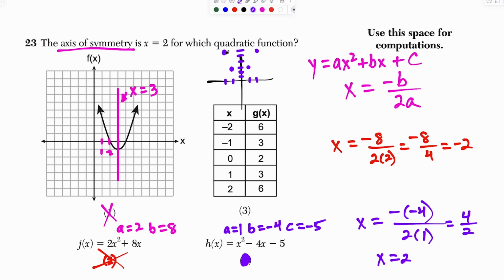So this parabola would look something like this, but notice that the axis of symmetry is on the y-axis, and the y-axis is the line x equals 0. And you can even see here the vertex, the turning point, is here. And when you have the vertex, the equation for the axis of symmetry is just the x value there. So x equals 0, once again, is our axis of symmetry. So 3 is out. Definitely choice 4.